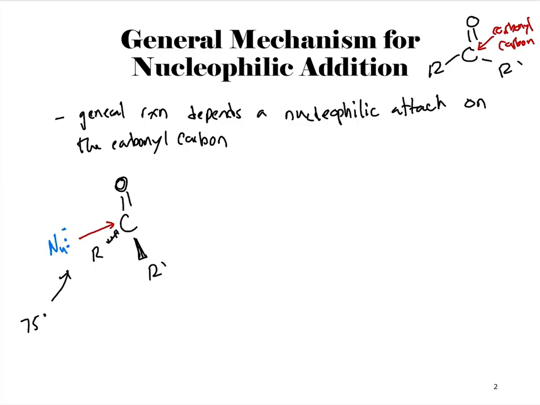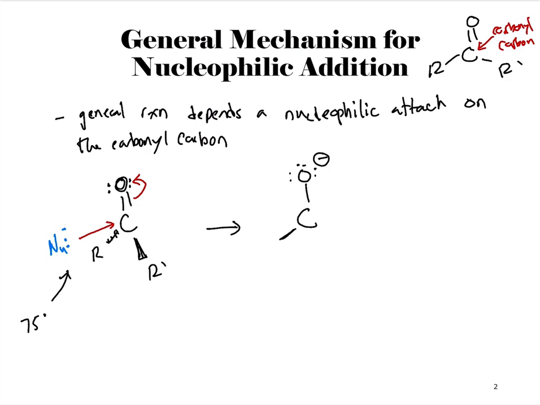So it attacks this carbonyl carbon, and then the bonds from this pi bond between the carbon and the oxygen then move up to the oxygen here. And the oxygen already has two lone pairs on it, and that's going to create an alkoxide intermediate. So that'll look something like this.